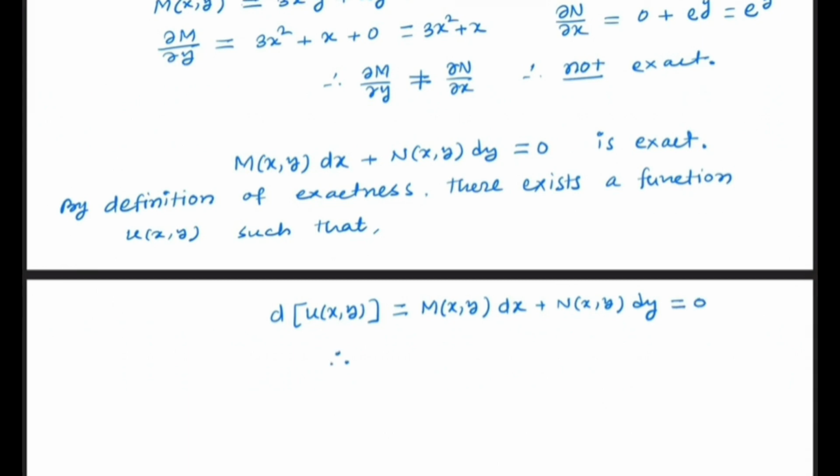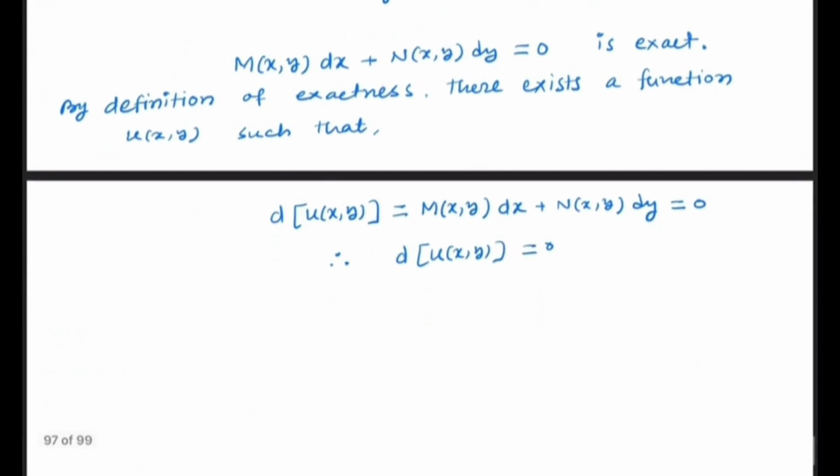So the differential of u(x,y) is 0, so we must have u(x,y) equal to a constant, which is the required solution.